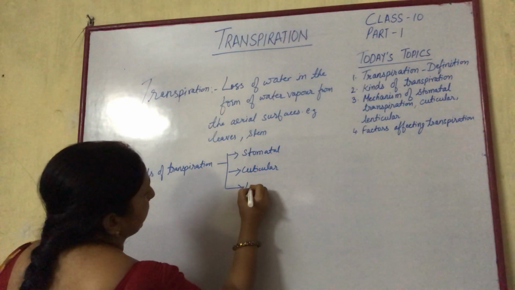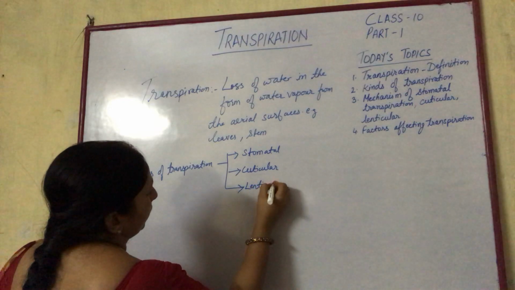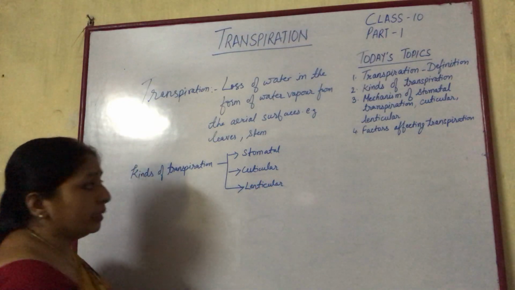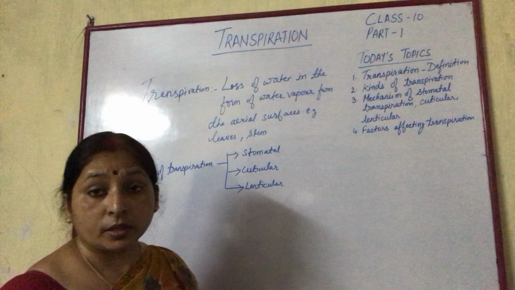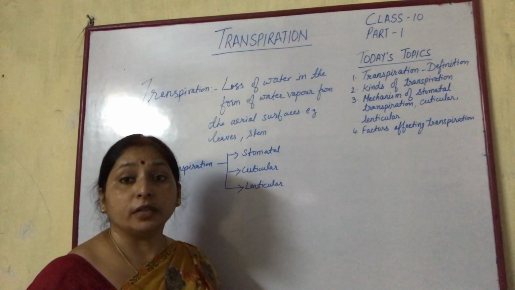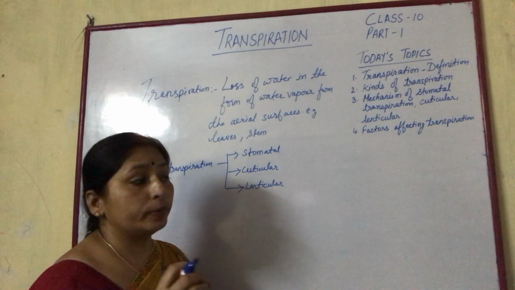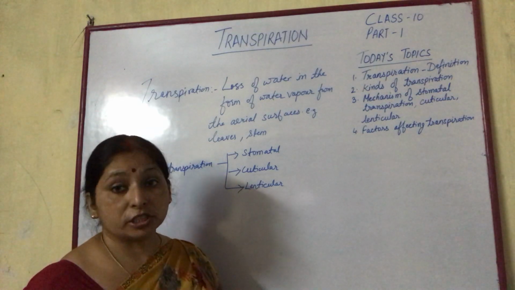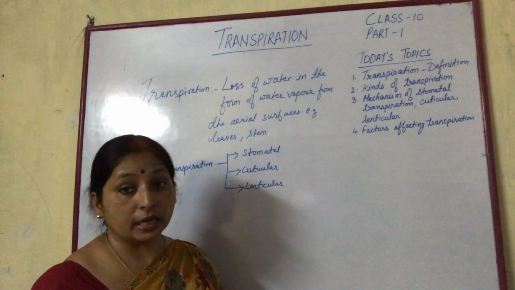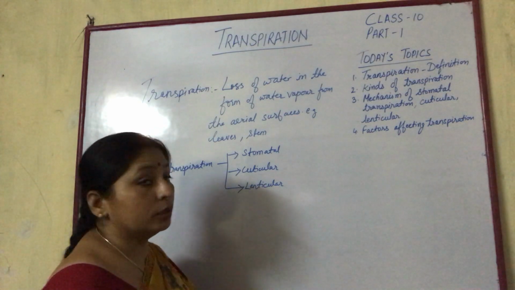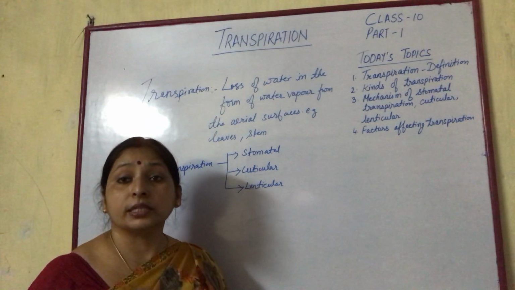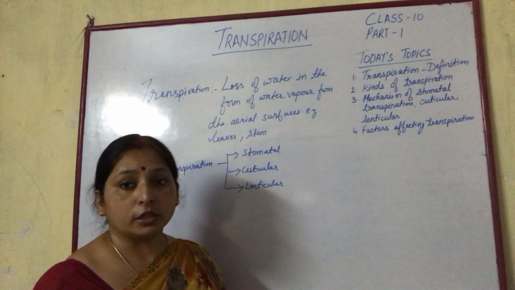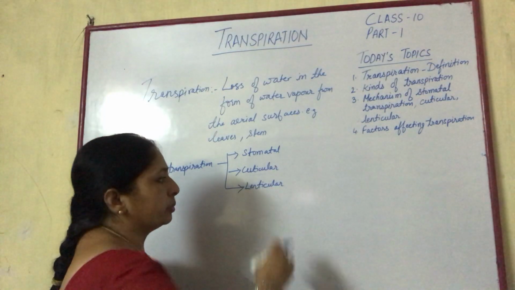Number three, lenticular transpiration. Stomatal transpiration is with the help of stomata, which is a minute opening guarded by two bean-shaped structures termed guard cells, and the loss of water through stomatal openings is termed stomatal transpiration.